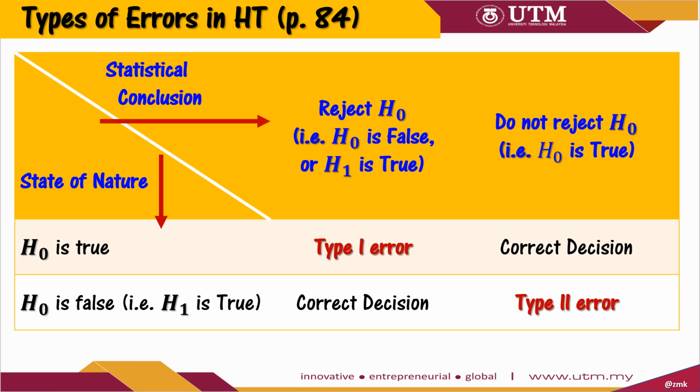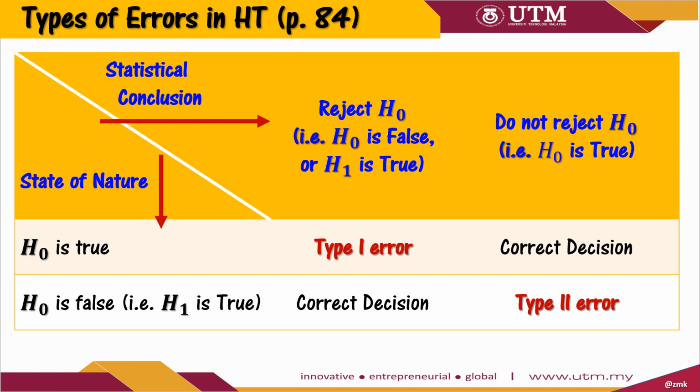The conclusion could either be reject H0, that is H0 is false, which implies H1 is true, or the conclusion could be do not reject H0, that is H0 is true. If the conclusion we make tallies with the actual state of nature, then we make a correct decision.